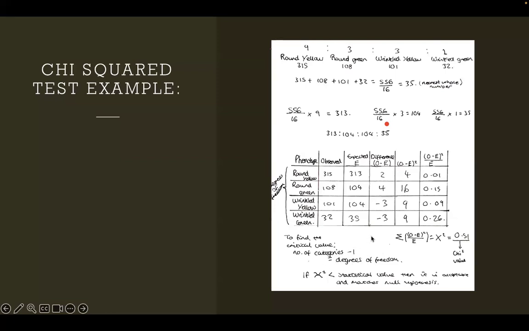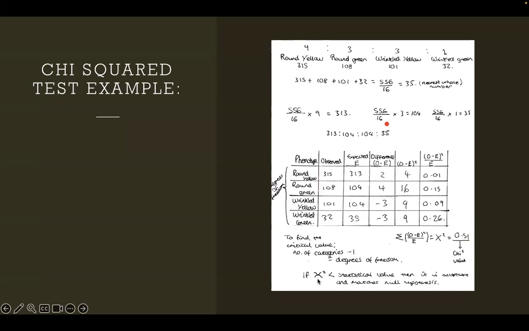You then follow it along on the table that they've given you, on the statistical sheet, and compare your 0.51 with the value that is on the chi-squared statistical sheet for you.